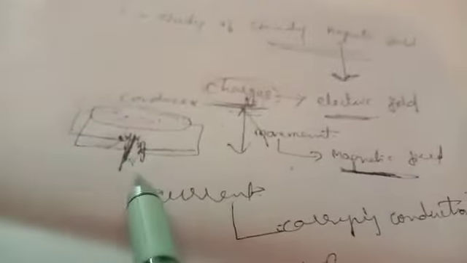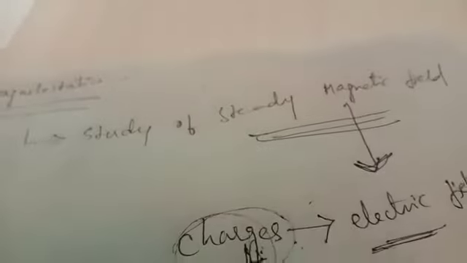Whenever there is a current carrying conductor, there exists a magnetic field. Since we are giving a constant, steady supply, we call it a steady magnetic field, and the behavior of this steady magnetic field is called magnetostatics. I think up to now it is clear to everyone.